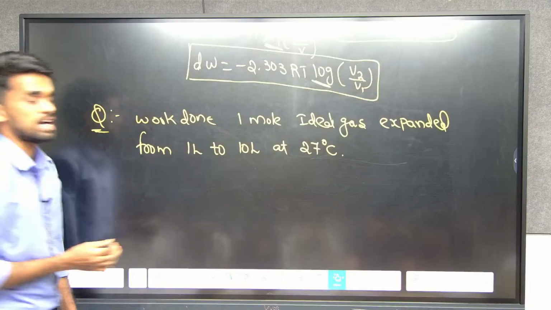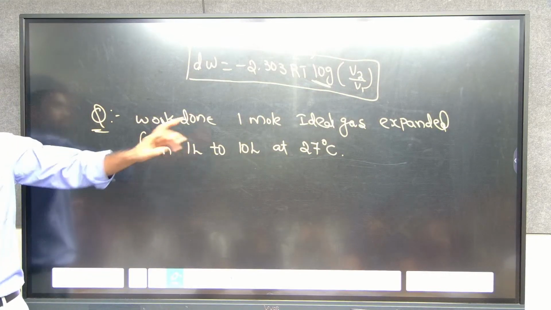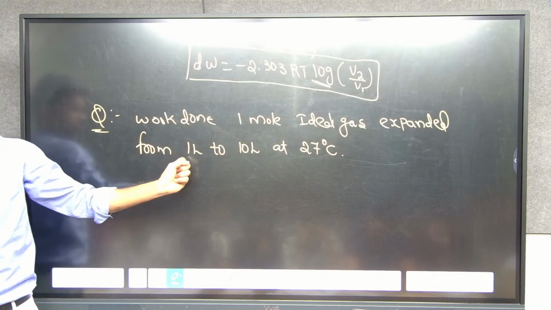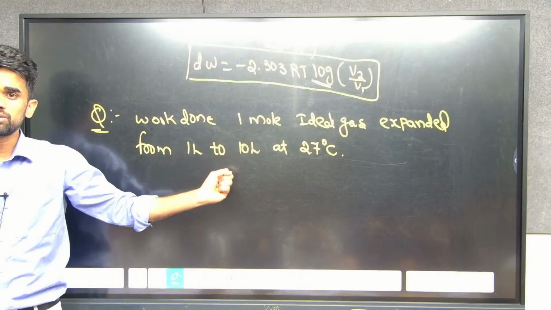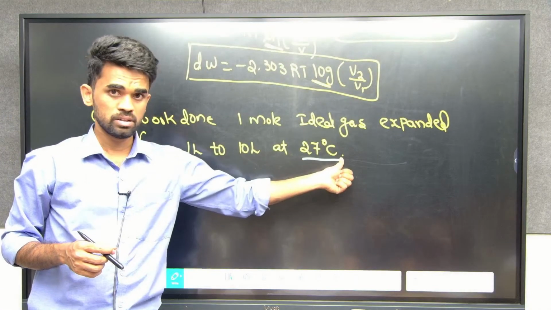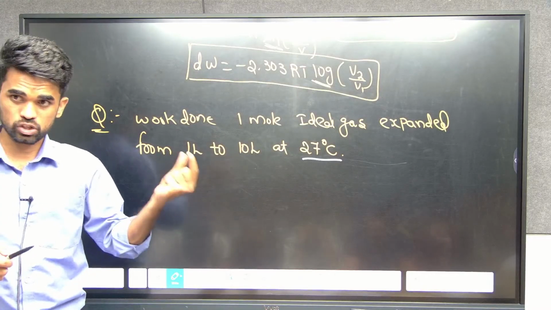What is the question they are asking? Read it once. They have specified the temperature, so it means temperature is constant. If temperature is constant, it is an isothermal process.